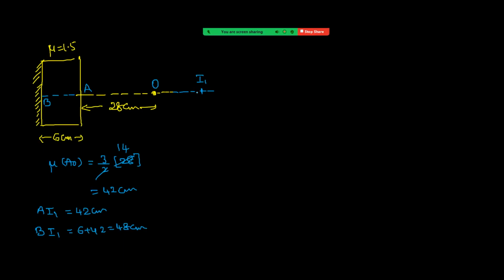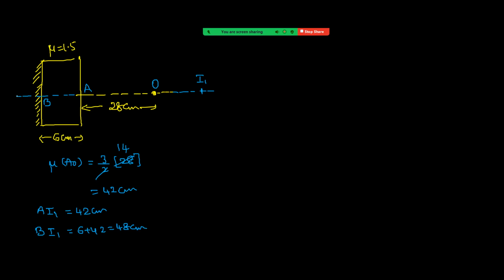Now this is acting as object for the plane mirror. And we have learned that the distance of object from a plane mirror is equal to the distance of image from the plane mirror. That means it will form an image behind the mirror, at a distance 48.